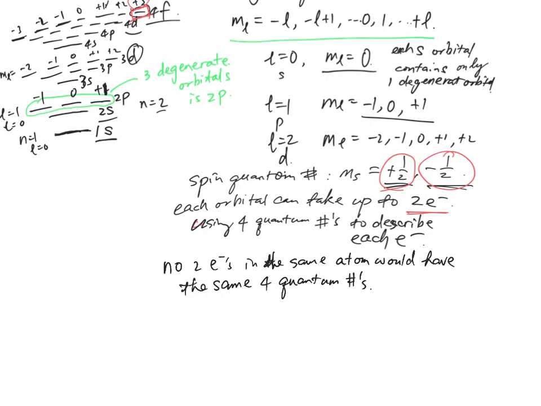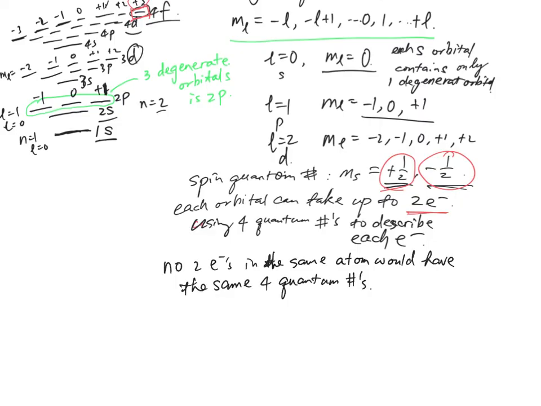And if the 2 electrons happen to be in the same degenerate orbital, that means they have the same N value, L value, and ML value.